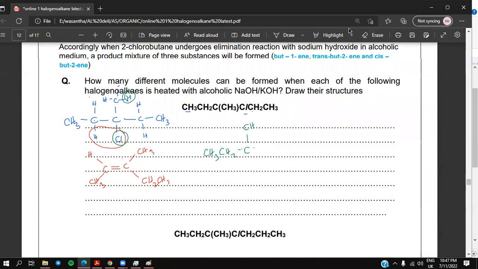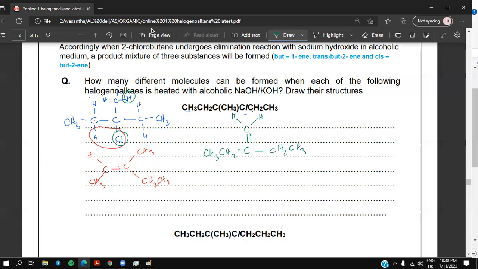So this is going to have only two hydrogen atoms. One hydrogen there, one hydrogen here, and a double bond. CH2, CH3.